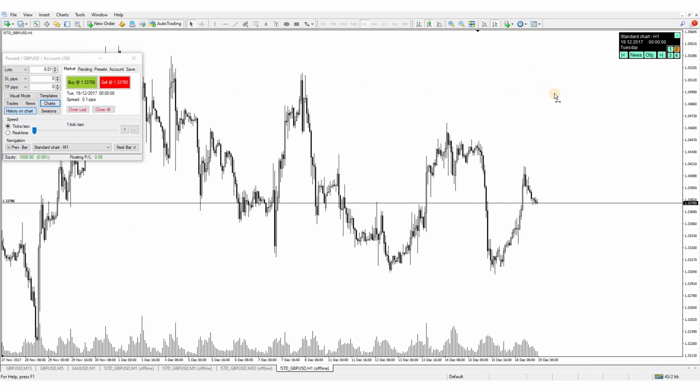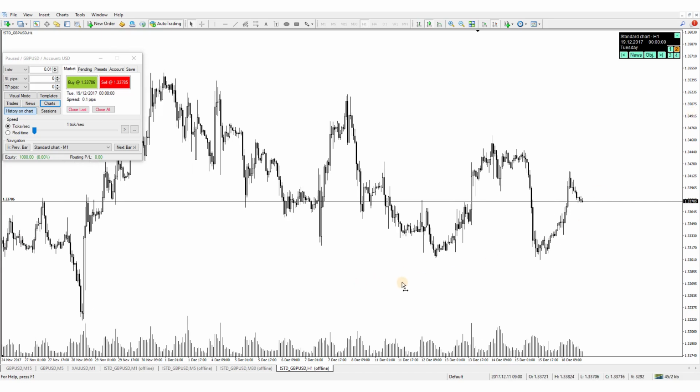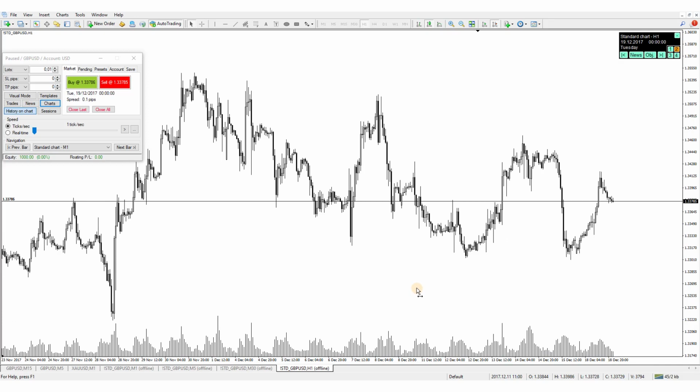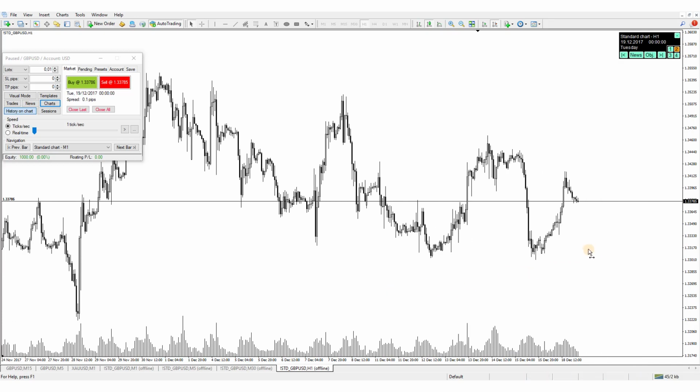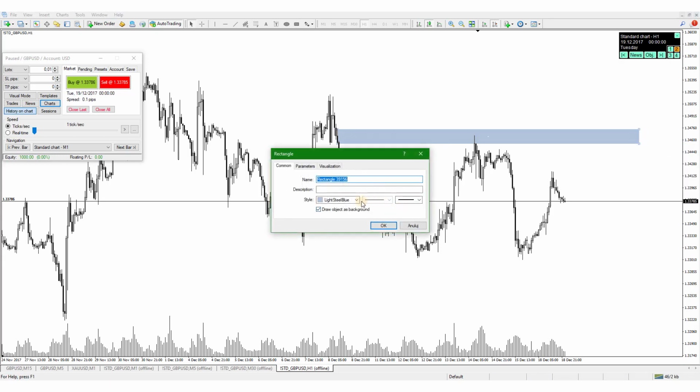Okay, so let's check where we are on the market and what we can see. What we have here is the very main supply, so I'm just drawing this like this one. Just want to change the color.